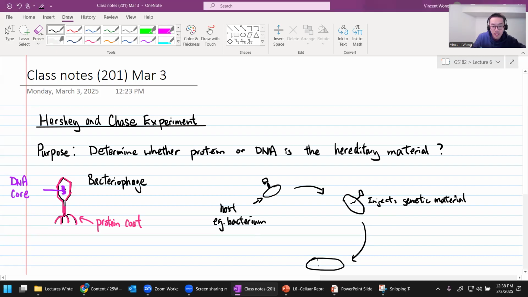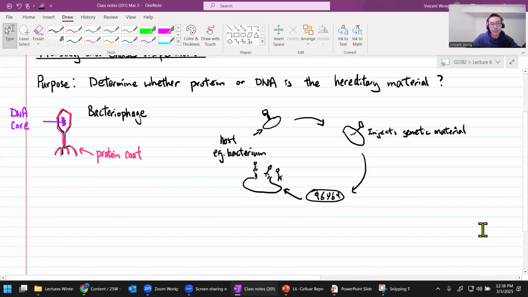And then the virus will turn the cell into virus factories, and eventually the cell, in this case the bacterium, in our body it would be our cells, would burst open, and then new viruses would come out, and then they would go infect more cells. Okay, so that's basically the cycle of how viruses infect.